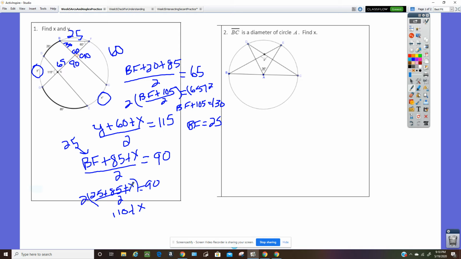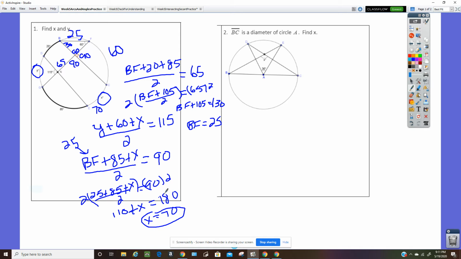We multiply this by 2, equals 180. So x is 70. So this angle, the x is 70. That's one of the things we had to find.